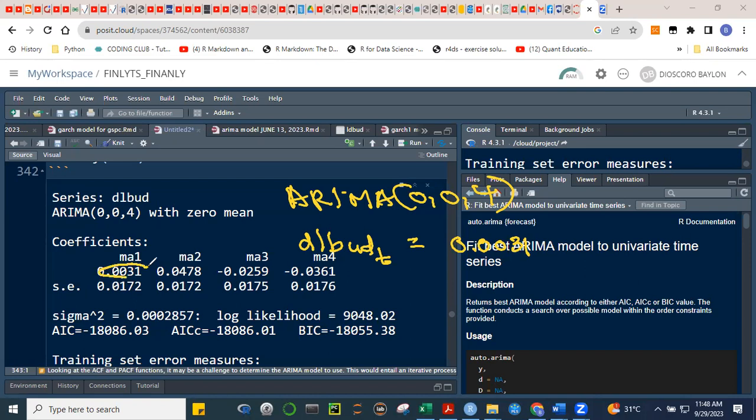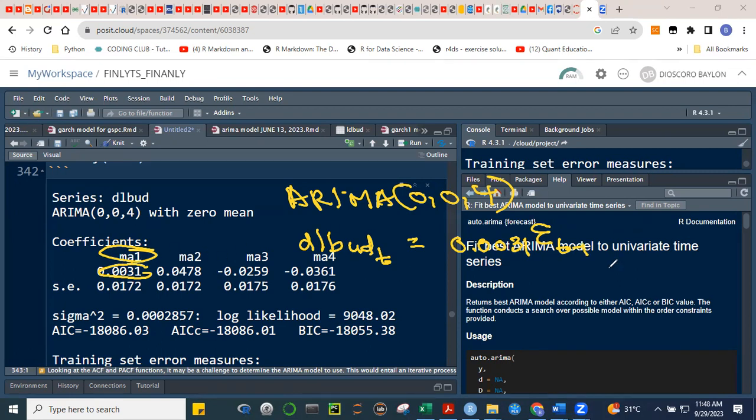This is MA1, right? So that's epsilon, yeah, thank you, Michael, you're correct. So that's epsilon t minus 1, right? That's MA1, the first lag component of the error term.